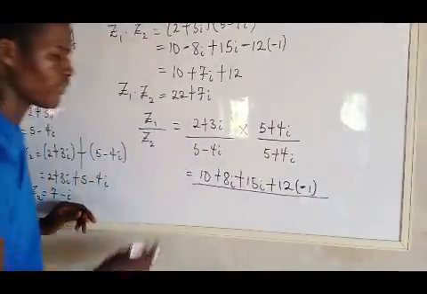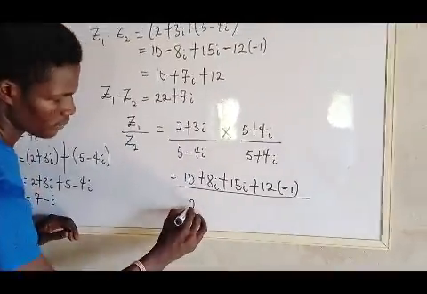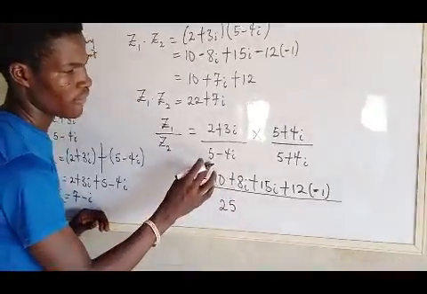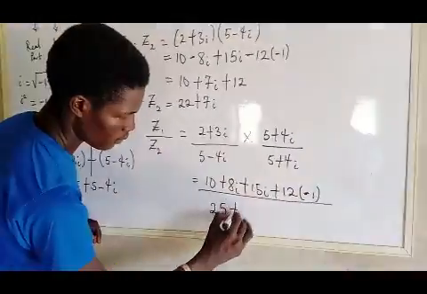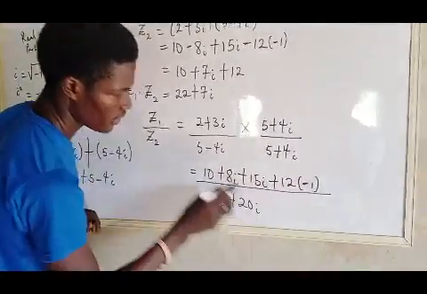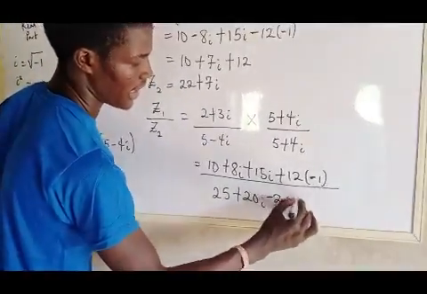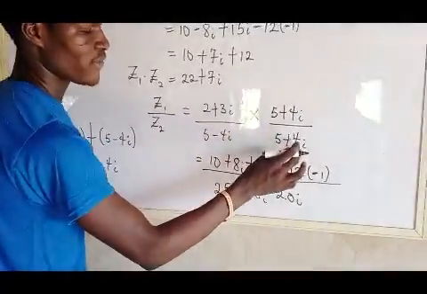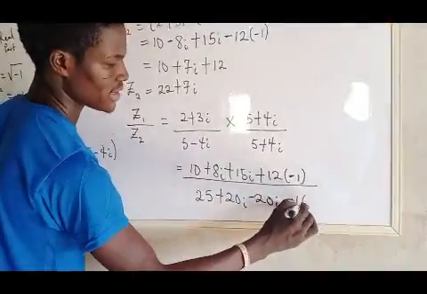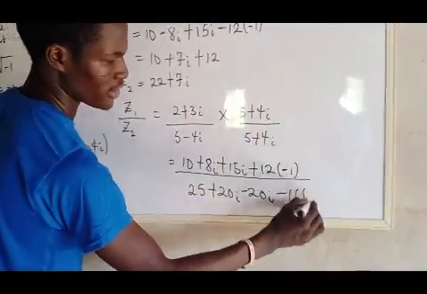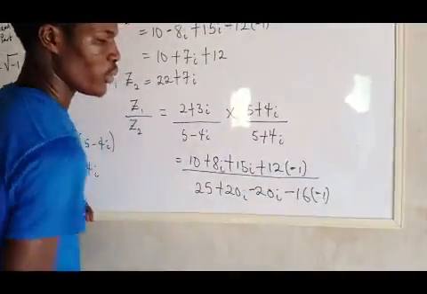All over, 5 times 5 is 25. 5 times 4i is plus 20i, minus 4i times 5 is minus 20i, minus 4i times 4i gives me minus 16 i squared. i times i gives me what? Minus 1. Do we get that now?